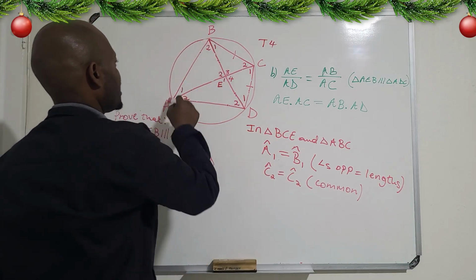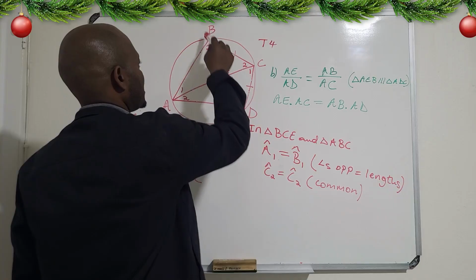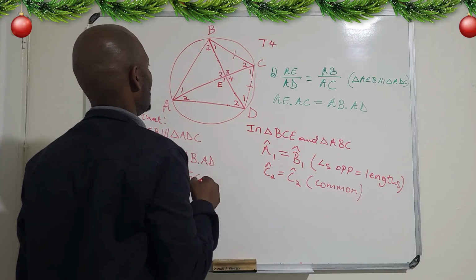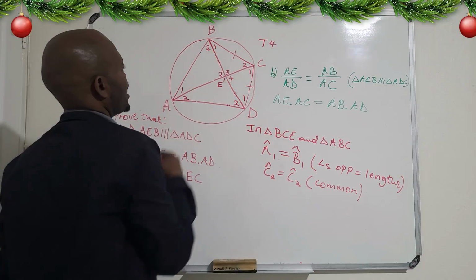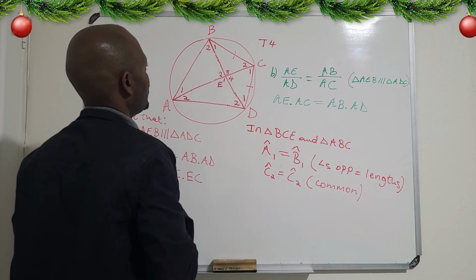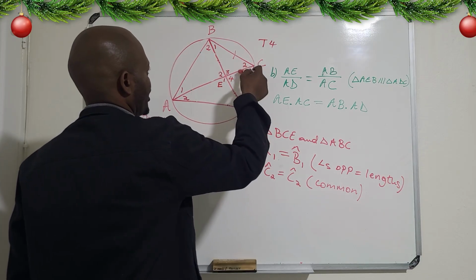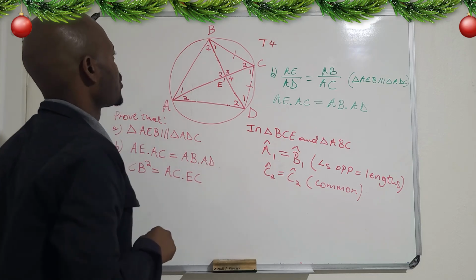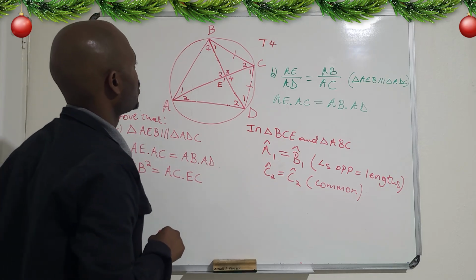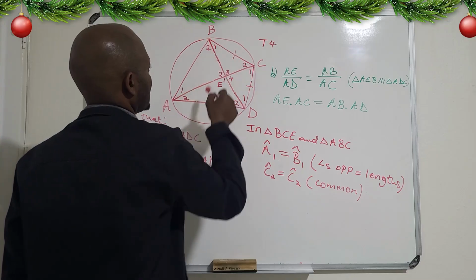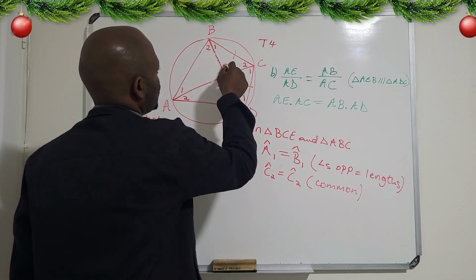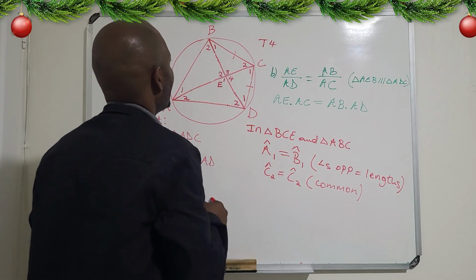Because we are proving that this triangle is similar to this triangle. Already we got that this angle is equal to this angle in this triangle. We've already got that angle C is common for both triangles. We can also see that this angle is equal to this angle there.